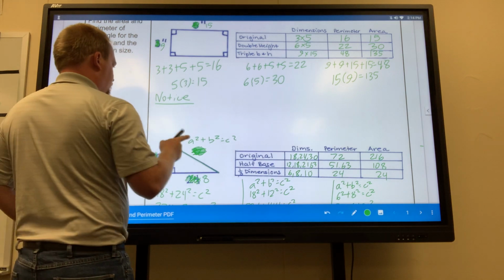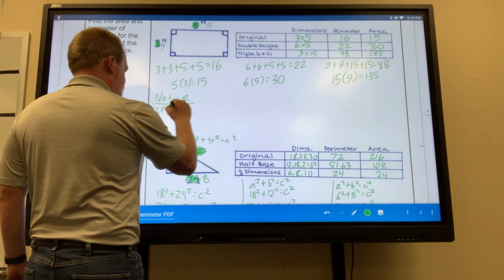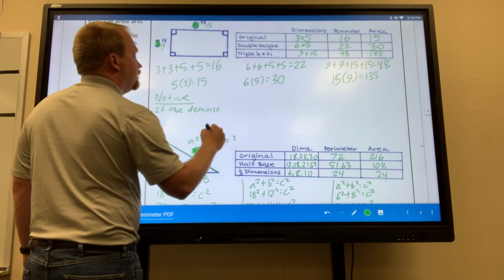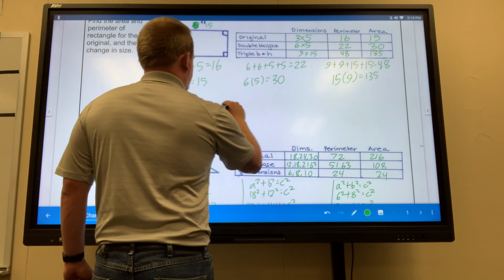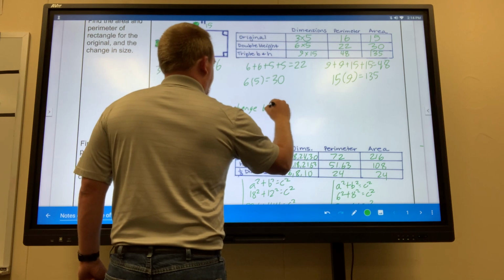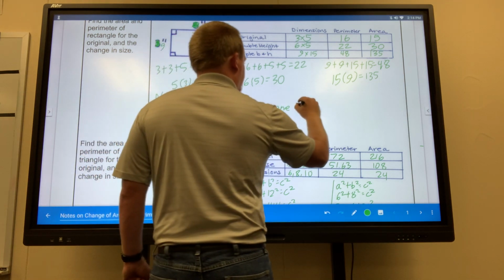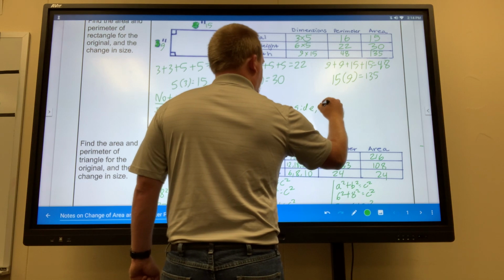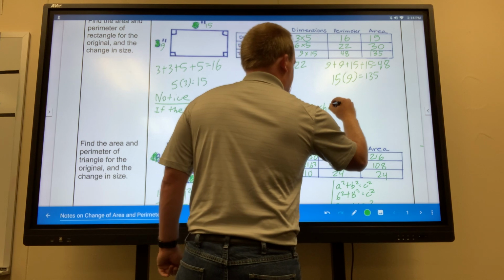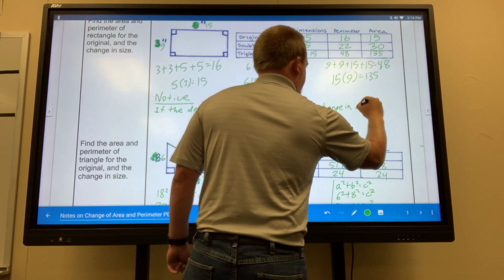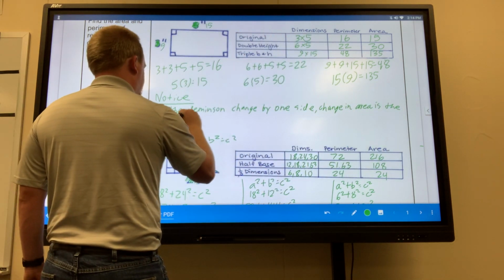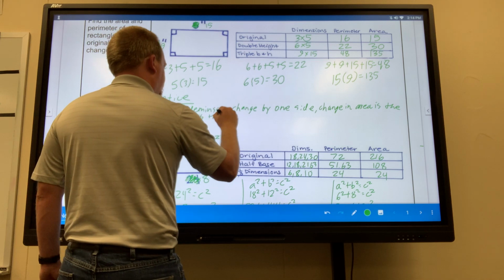So if the dimensions change by one side, the change in area is the same as the factor.